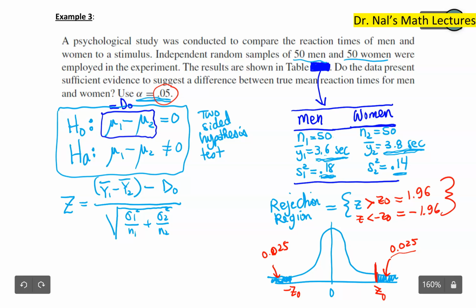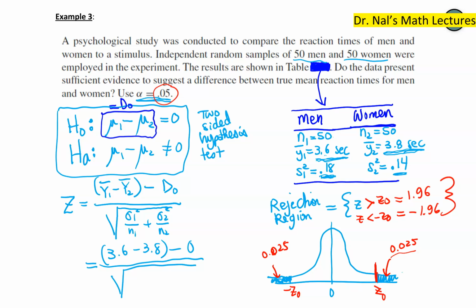So that's our rejection region. Let's go ahead and now calculate the test statistic and see if it falls into any of these two tails. If it falls into the tails, we are rejecting. So y1 bar, y2 bar are given as 3.6 and 3.8. 3.6 minus 3.8, and the difference d0 is just 0, all divided by that very nasty expression in the denominator, sigma 1 square and sigma 2 square.